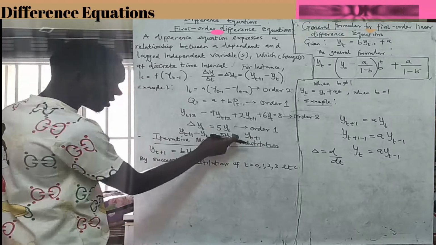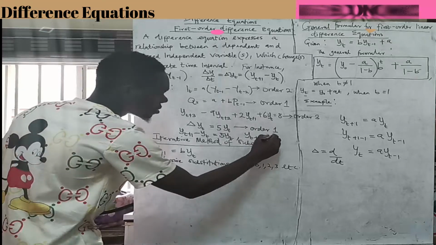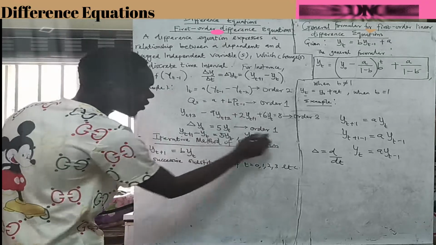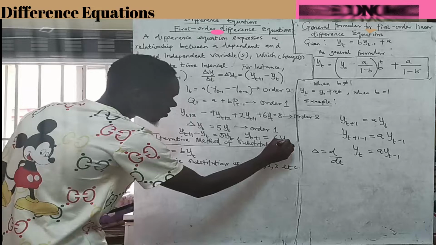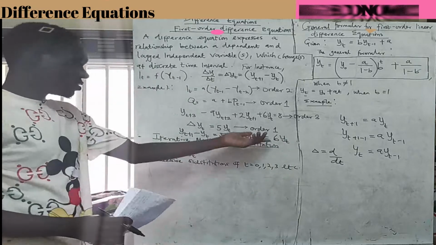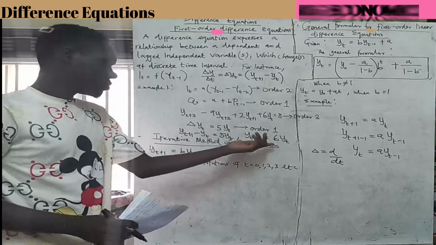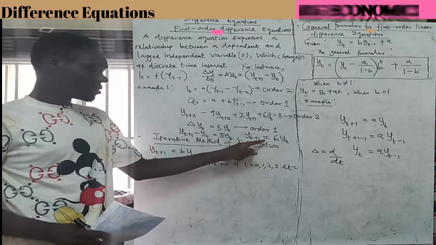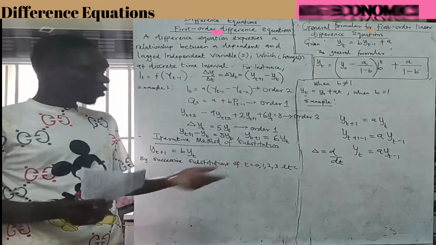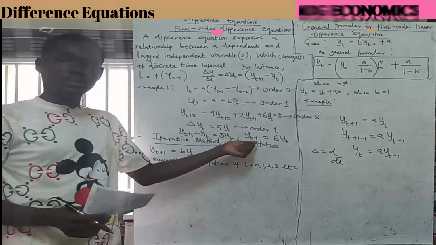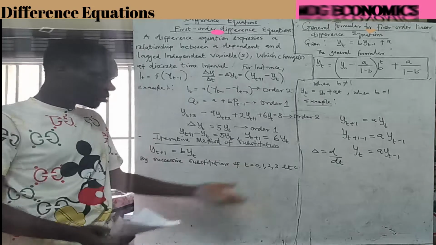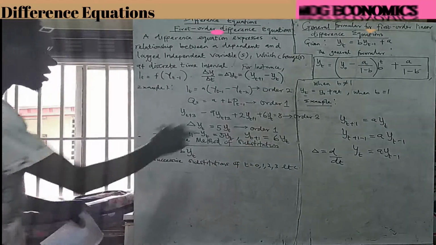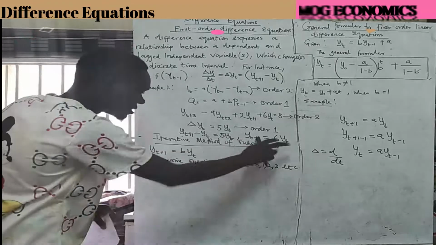If this is taken to the other side, we have yt plus 5yt, which is 6yt. Now this has been simplified, and we can clearly see that this is a difference equation of order 1, because the greatest order we have there is just 1. So by simplification we can see that.